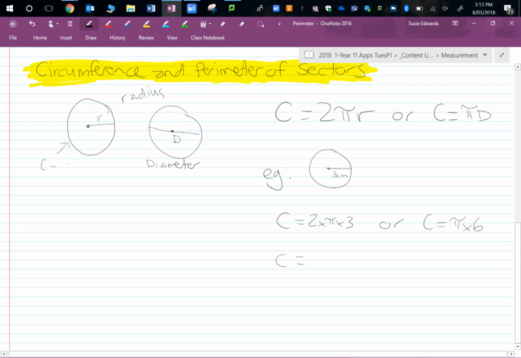And we get our answer, which someone's going to put in their calculator kindly. Thank you, Ruby. 18.849, did you say? So 18.85. Anything with circumference is in centimetres, not centimetres squared, etc. So it's just centimetres. Length is always centimetres, metres, kilometres as its measurement.